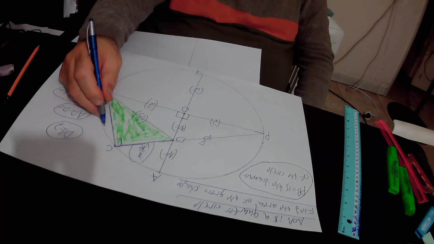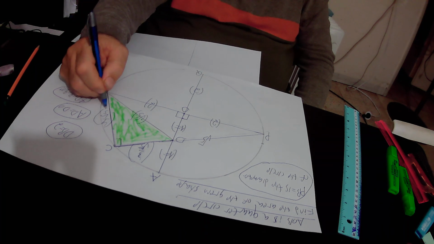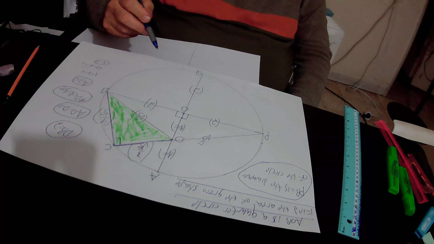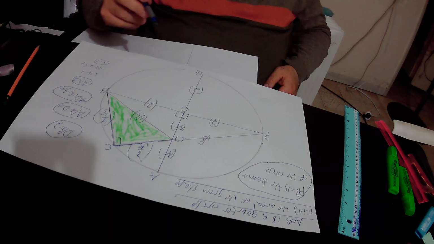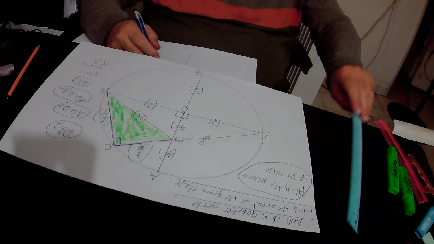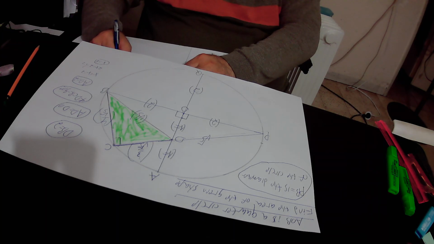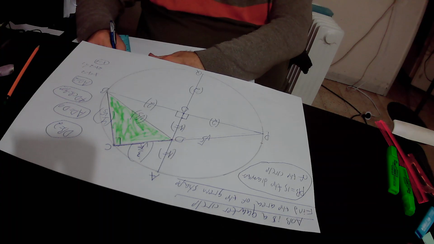In the next step, I copied this green right triangle DCB in a new page, and we find out the area of this green right triangle DCB. That is the area that we are looking for in this question.